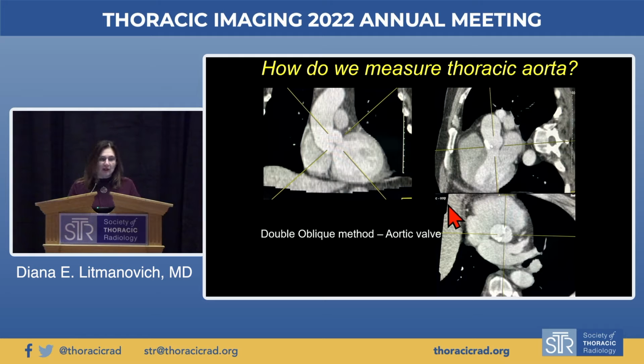And when we are looking at the sinuses of Valsalva, we should look, as part of the assessment of the aorta, at the aortic valve, because we can appreciate bicuspid versus tricuspid valve, which is a very important piece of information while assessing aorta and especially aortic aneurysm and potential aortic dissection.